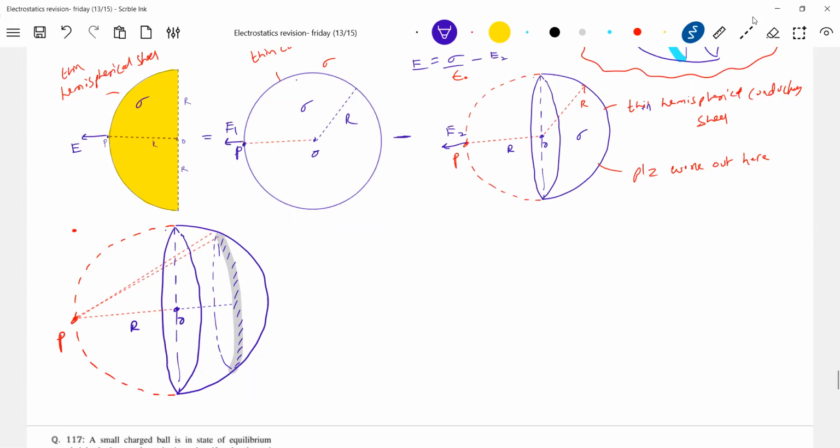This is y and this total distance is x. PC I'll call x. So many symbols.